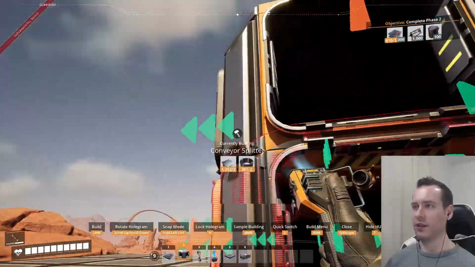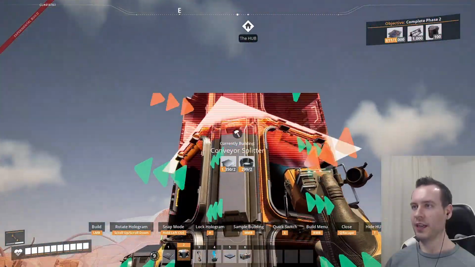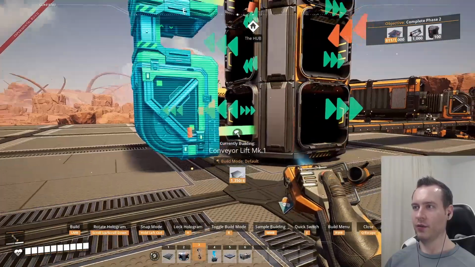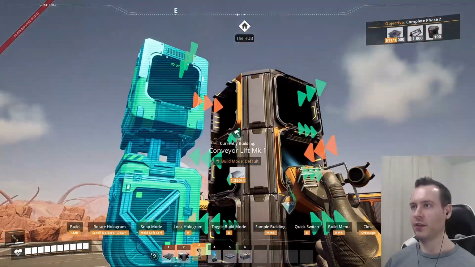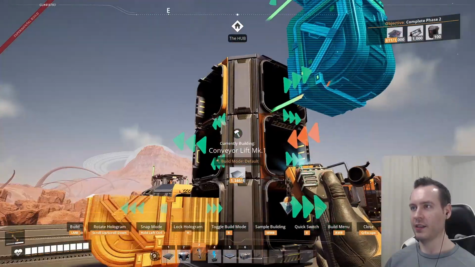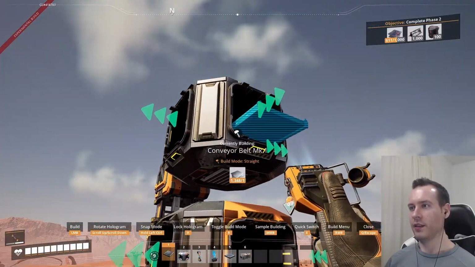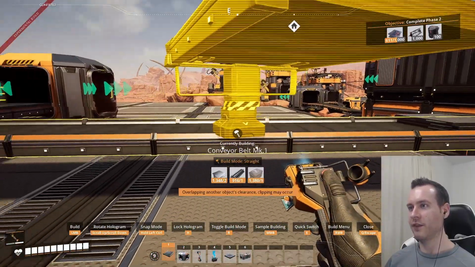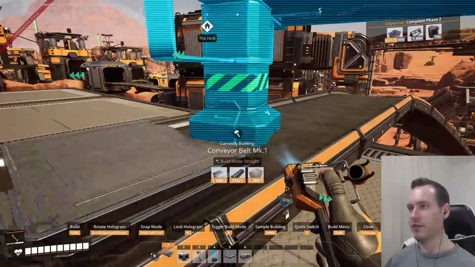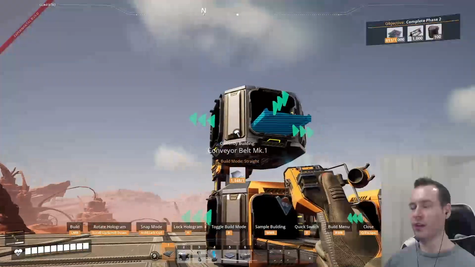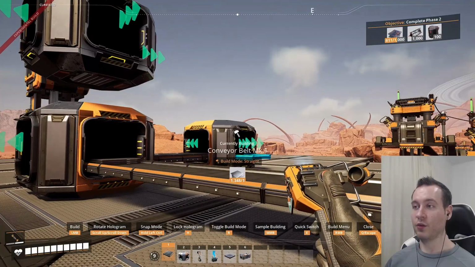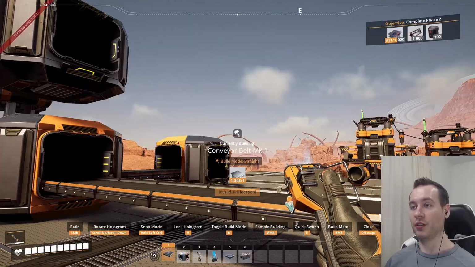So off the first layer will be definitely from the back. It'll feed from the first splitter up to the second splitter from the back side. Then this splitter, in this case, the 5 reinforced iron plates per minute to the 3 reinforced iron plates to a modular frame.